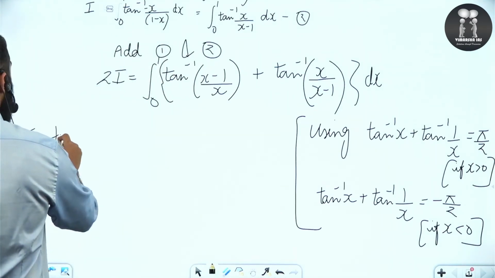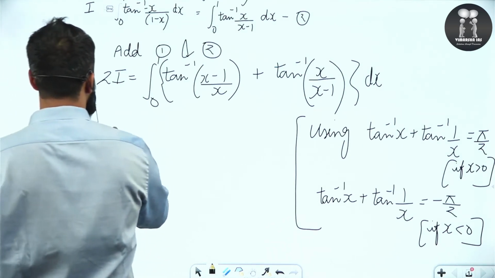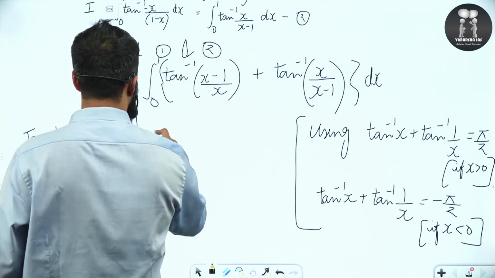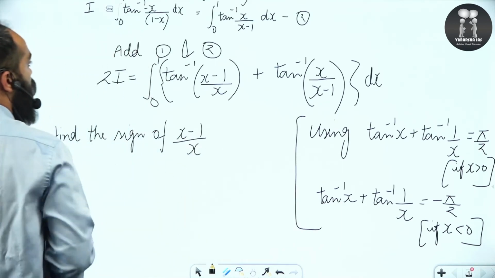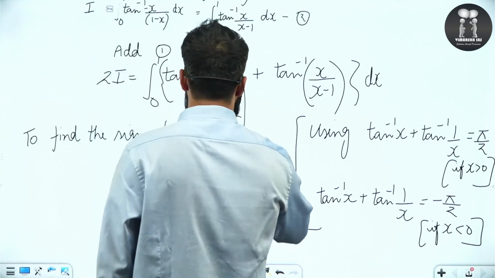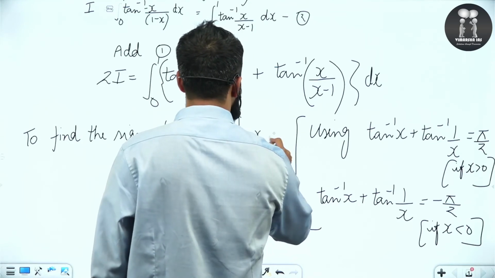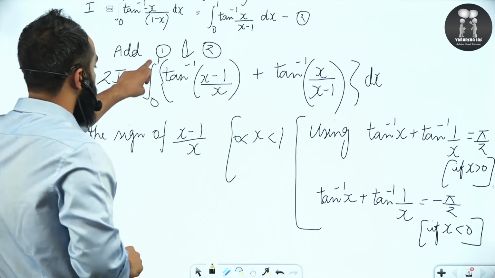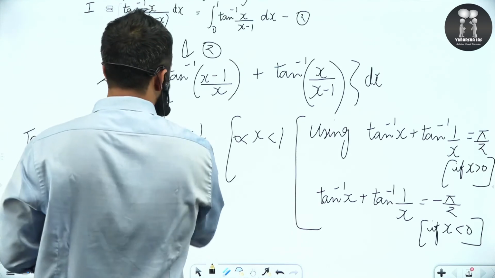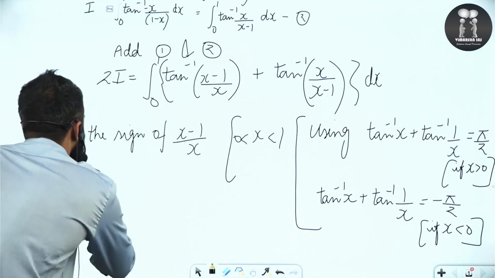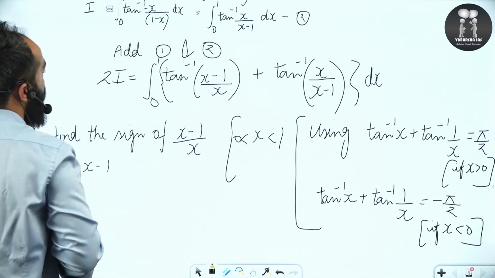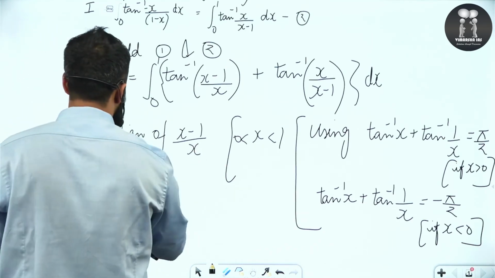To find the sign of x minus 1 by x, we know that x lies between 0 and 1 because here the lower limit is 0 and upper limit is 1. So x minus 1 will be less than 0.